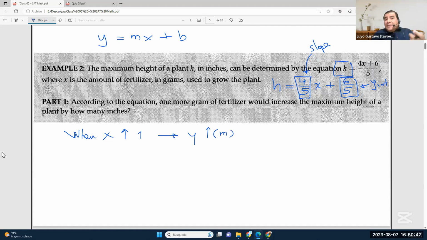Yeah, if m is negative, it means a decrease rather, right? But here we can perceive that since the slope is positive, we have actually a positive response. So what would it be?